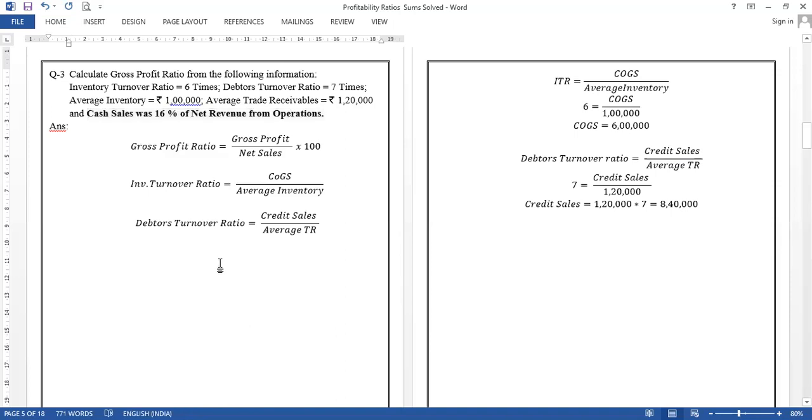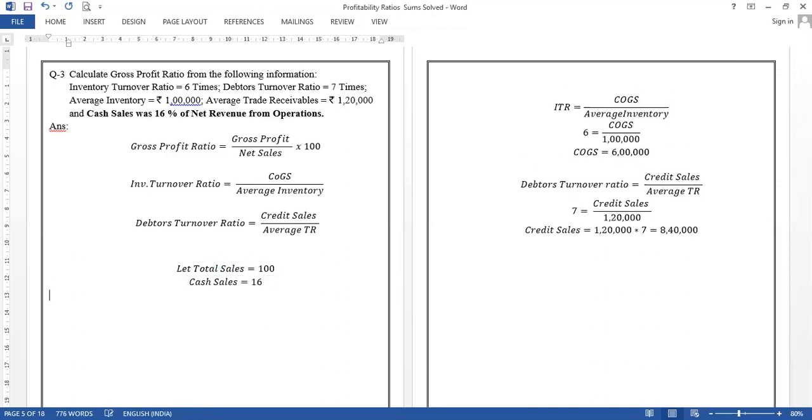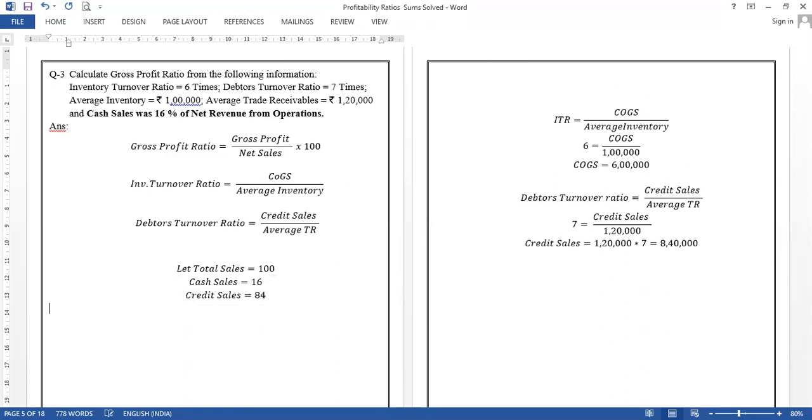Now let us assume over here that the total sales, or net revenue from operations, is 100 in terms of percentage. Cash sales is 16%, so credit sales will be 100 minus 16, that is 84, right?